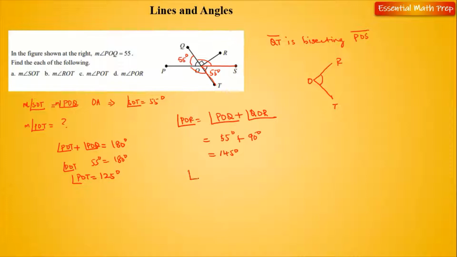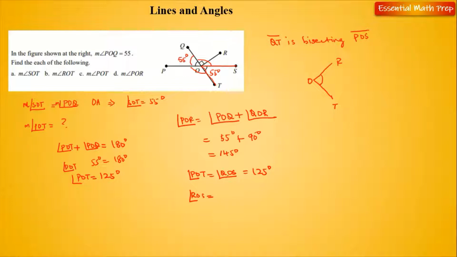So we know angle POT is equal to angle QOS because they're opposite angles. We know POT is 125, so angle QOS is also equal to 125. So if you want to figure out what ROS is, angle ROS equals angle, what's the biggest of the two?